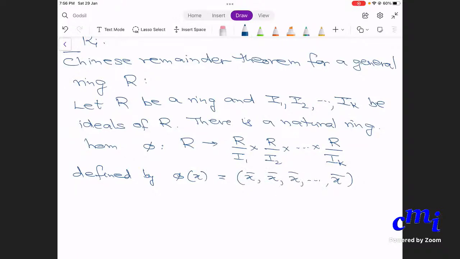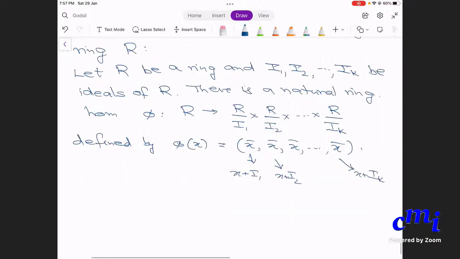But you must notice that each x bar means a different thing. The first x bar means x plus I1, the second x bar means x plus I2, the coset, and the last x bar is x plus Ik. So this is a map, and one should check that this is actually a homomorphism. It's easy to check. So check. This is the ring homomorphism.